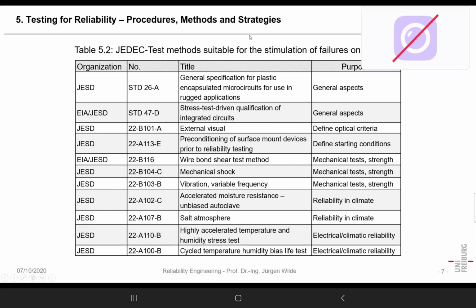So here are the general specifications for plastic encapsulated microcircuits for use in rugged applications. So that's a general one. And then we have another general aspect, which is a stress test driven qualification of integrated circuits. That means we have a certain strategy in our testing.